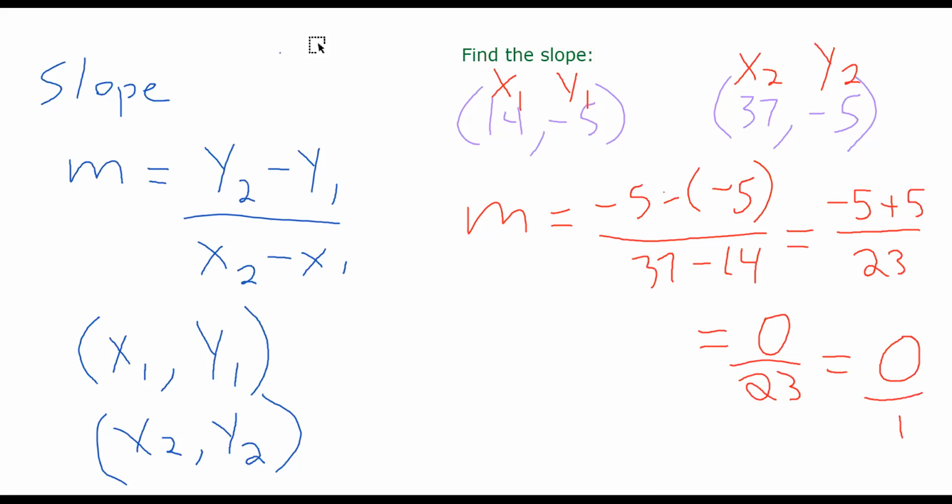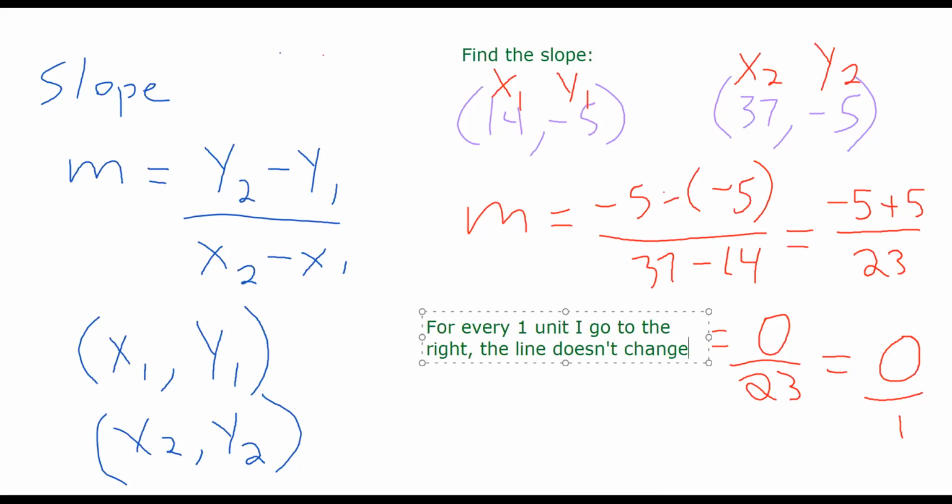And now the rise over run interpretation says for every 1 unit I go to the right, the line, well, it doesn't rise because the top is not positive. It doesn't fall because the top is not negative. The line doesn't change in the vertical direction. It doesn't go up or down. So guess what? That creates a flat line.